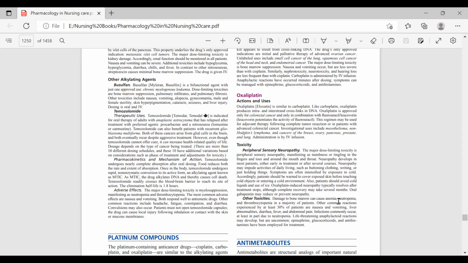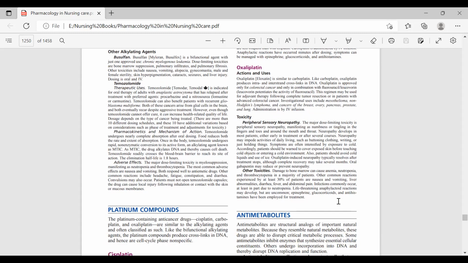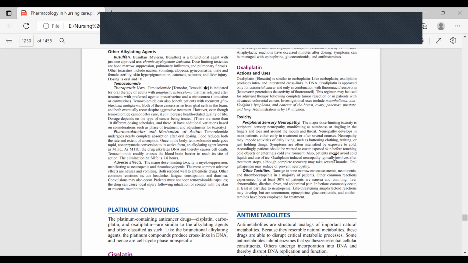Besides neuropathy, other toxicities include bone marrow suppression, and other common reactions include nausea and vomiting, associated with 30% of patients. Diarrhea, fever, and abdominal pain are also associated with it. Infections commonly occur, at least in part because of neutropenia, and life-threatening anaphylactic reactions may develop. Epinephrine, glucocorticoid, and antihistamine are commonly used for treatment.